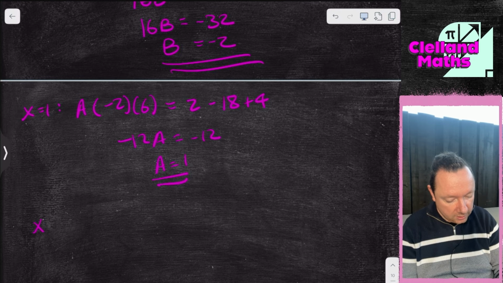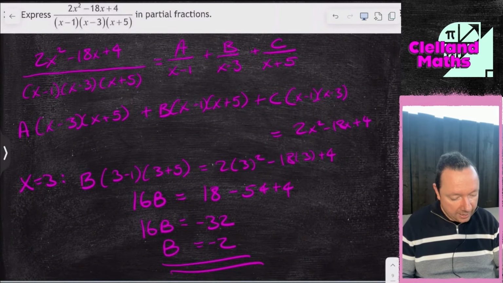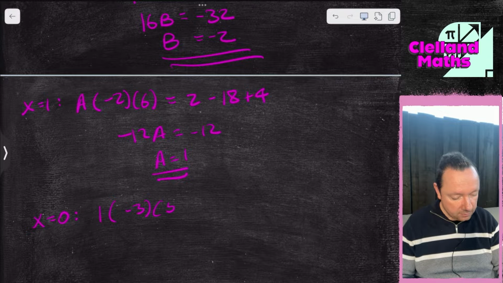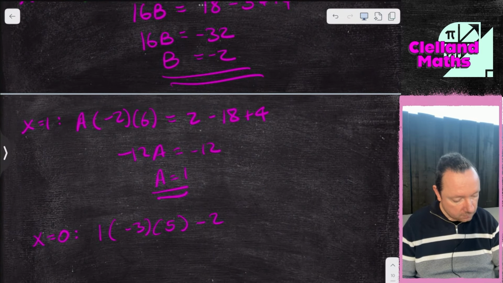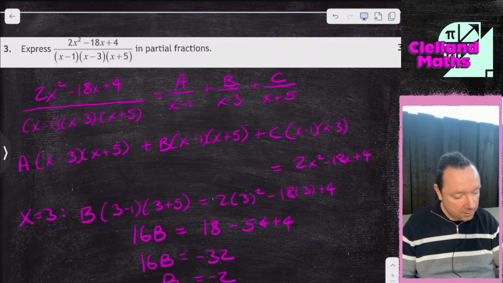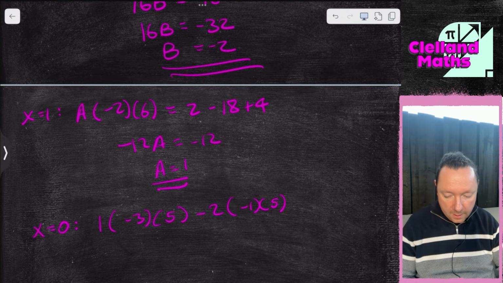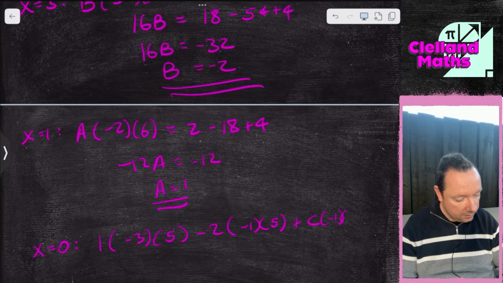So when x equals 0, we've got for the first term A, which is 1, times (x minus 3)(x plus 5), and then B, which is minus 2, times (x minus 1)(x plus 5), so minus 1 and 5 because x is 0, and then C times (x minus 1)(x minus 3), so minus 1 times minus 3.